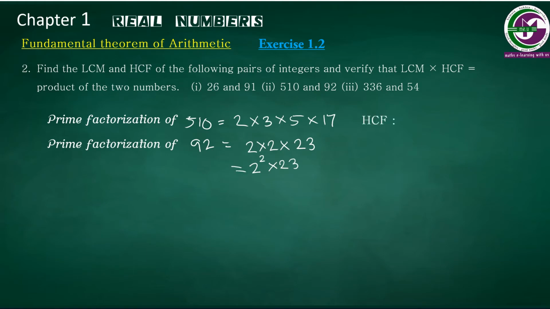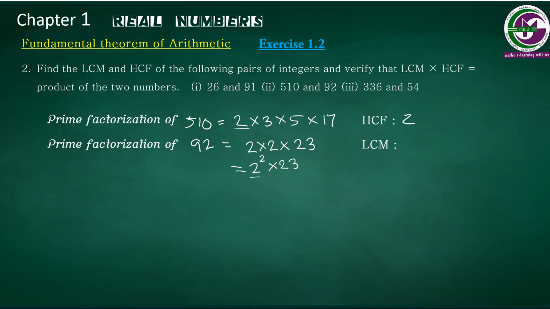Okay, now you will find HCF, the common factor. So only 2 is common, so HCF is 2. Here it is 2 and here it is 2 square, so the common factor with the least power, so it is 2. Now LCM, so all the different factors, if any factor is common, we'll take the factor with the highest power.